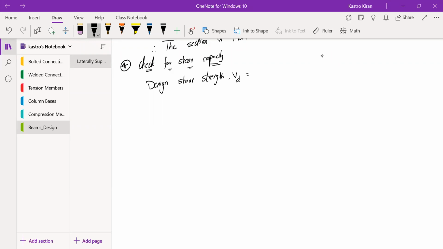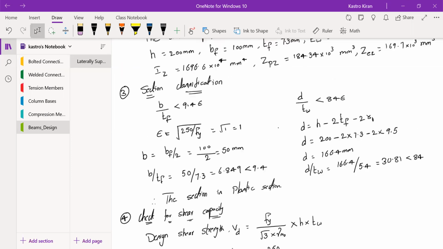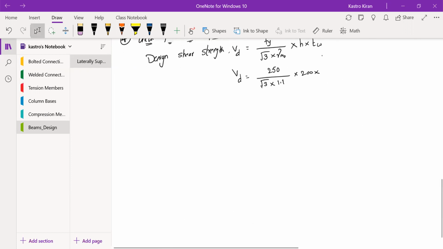You know the formula which we discussed in the last class: VD equals Fy by root 3 into gamma m naught into H into TW. So VD equals the Fy value 250 upon root 3 into gamma m naught, taken as 1.1, into height of the section 200 and the thickness of the web 5.4.